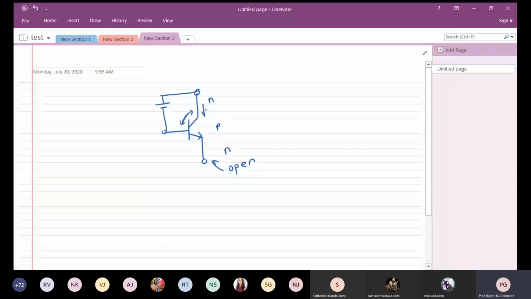It simply is the current flowing between collector and base when the emitter is open. That is the reason why it is called ICBO. Please note that this is a very important quantity.